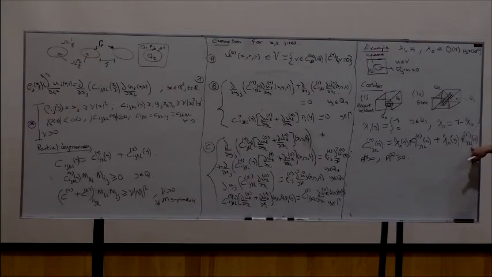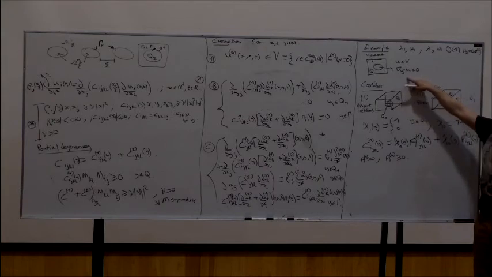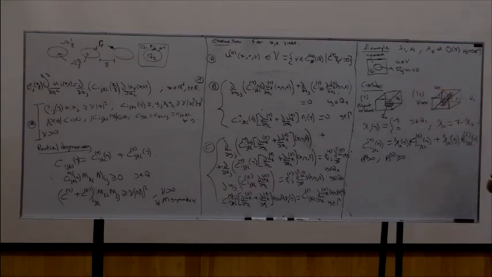Classical is the function is constant everywhere. High contrast means the function is constant in the matrix and arbitrary in the inclusion. And this is somewhere in between, where it's a constant in the matrix and constrained by this fact in the inclusion. Think of this example: it's a constant in the matrix, but it must be incompressible, satisfy the divergence-free condition in the inclusion.